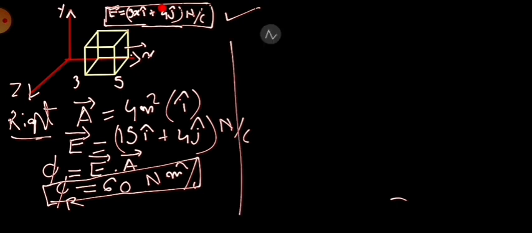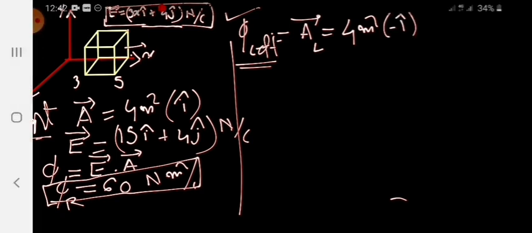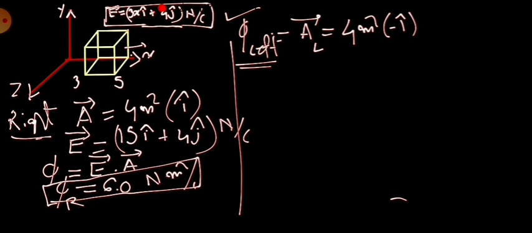Similarly, we can calculate the flux for the left surface. The only thing is that here the direction of the area vector of the left surface is 4 meters square in the minus i cap direction. Will the flux be exactly opposite of this?